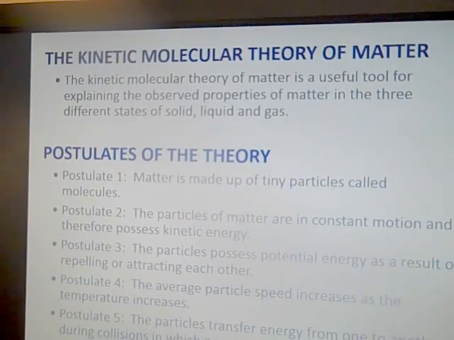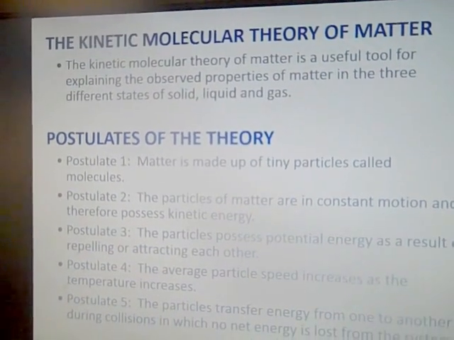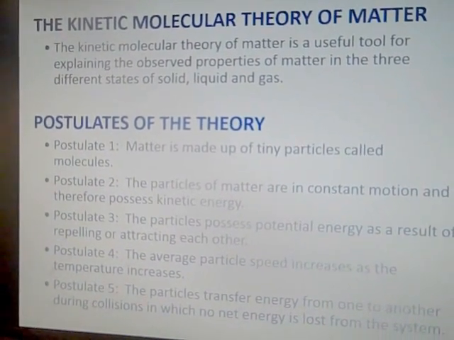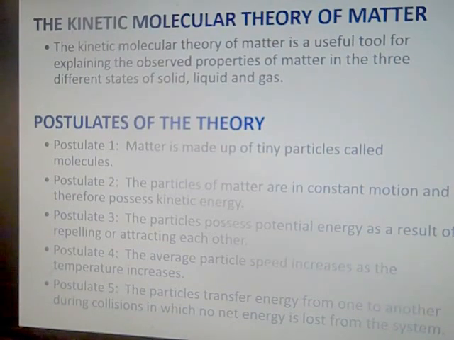Okay, and so these gas phase equations follow the kinetic theory of matter. There are 5 postulates of the theory. One is matter is made up of tiny particles, the molecules. Two, particles of matter are in constant motion and therefore possess kinetic energy.